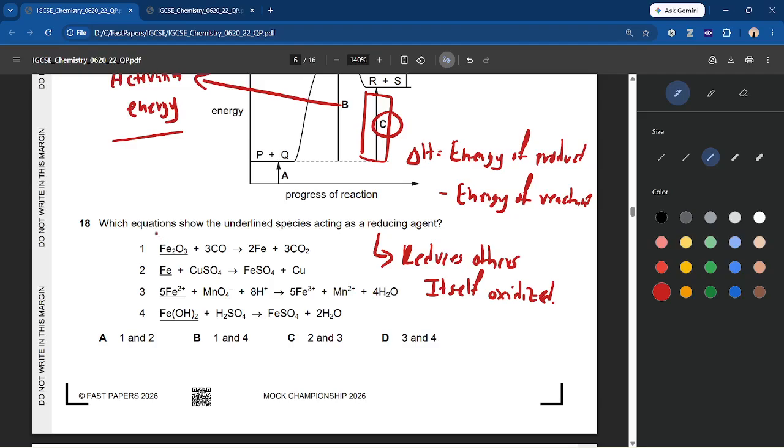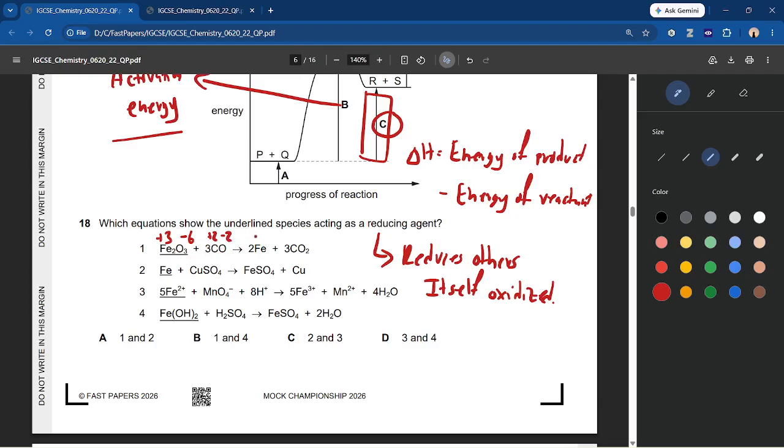Fe2O3. So iron goes from having an oxidation state of +3, and oxygen has -6. Carbon over here has +2, and this becomes -2.